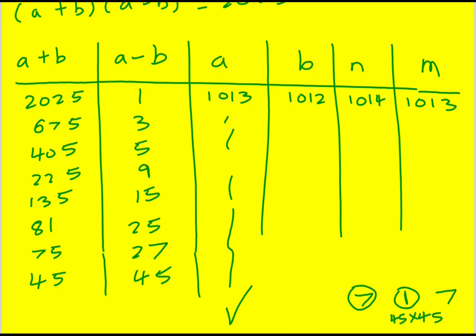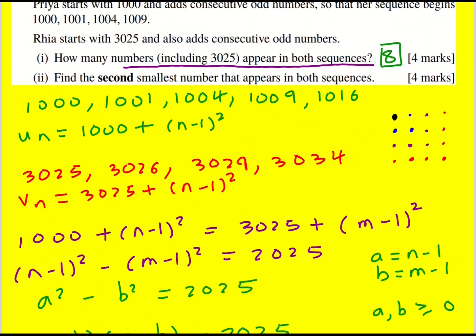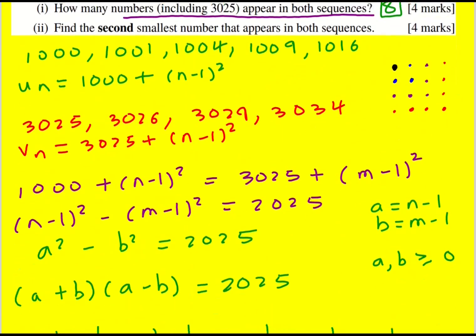This just leaves us with the very final part, which says find the second smallest number that appears in both sequences.